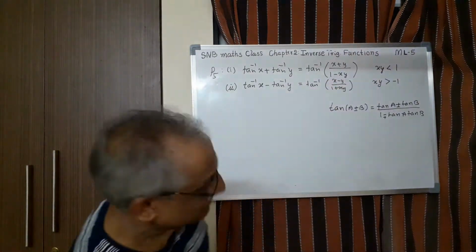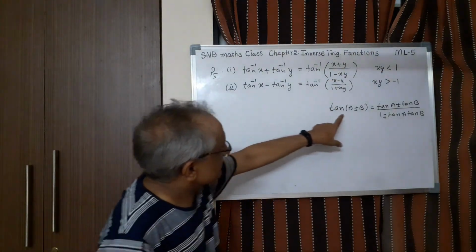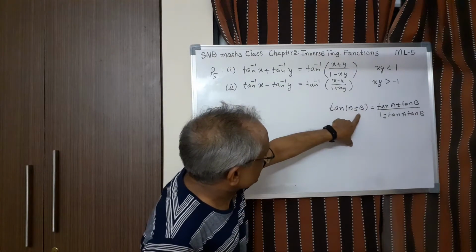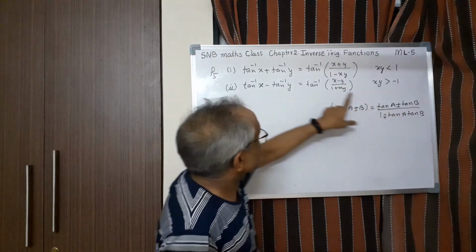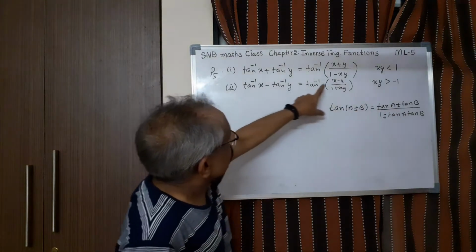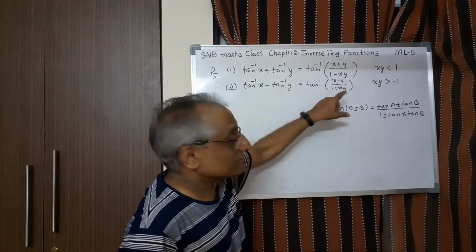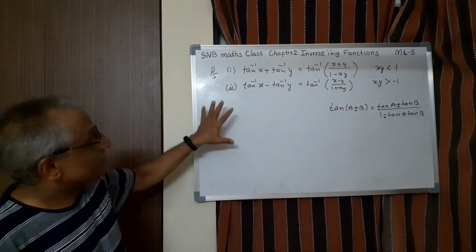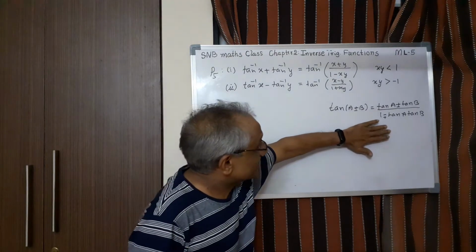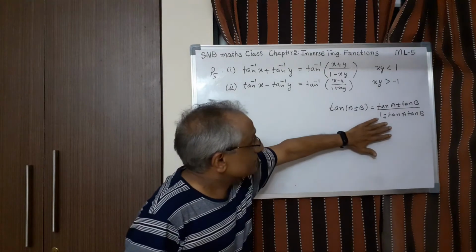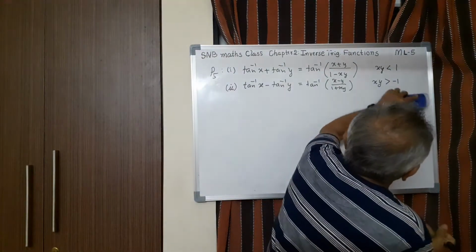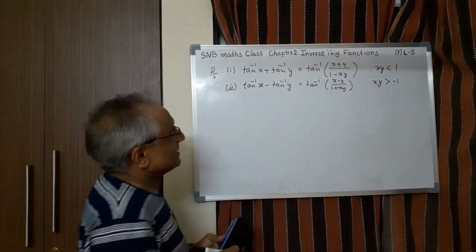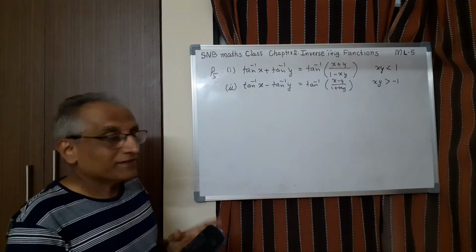Let me tell you why. See here, if you take tan of a minus b, it is tan a minus tan b by 1 plus tan a tan b. See here, minus x minus y by 1 plus xy. Therefore, it is easy to remember this property, provided you connect this property with the old formula a plus b and a minus b. In fact, these two formulas are one and the same in a way.